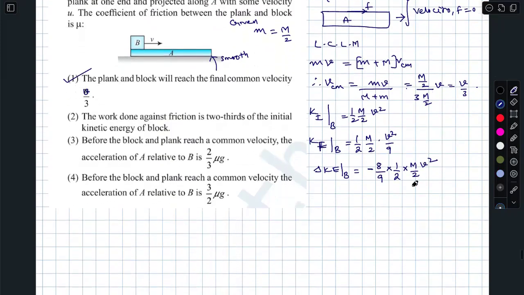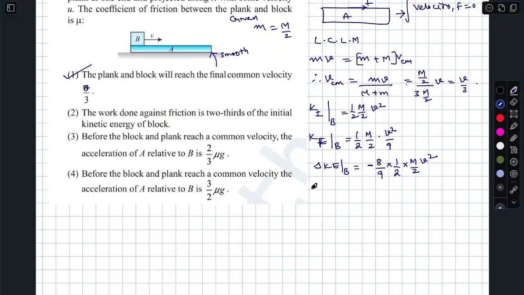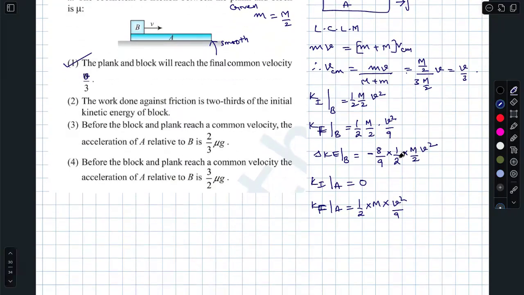Similarly, kinetic energy initially of A is 0. Kinetic energy finally of A is half into m into v square by 9.